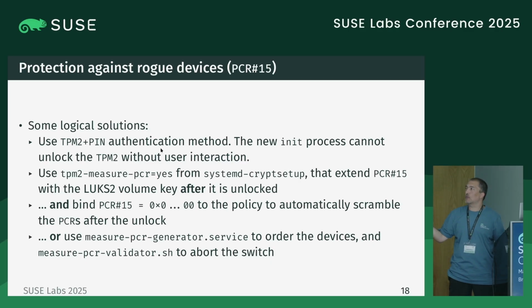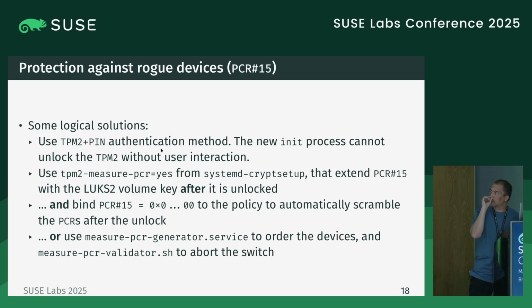But this is half a problem for us. We cannot use this kind of solution because the TPM is also storing a PIN that we need to recover in order to update the policy. And this is something that the user is going to do very frequently. Every update is going to require an update of the policy. That means that asking for the PIN every time we update the policy is a no-go.